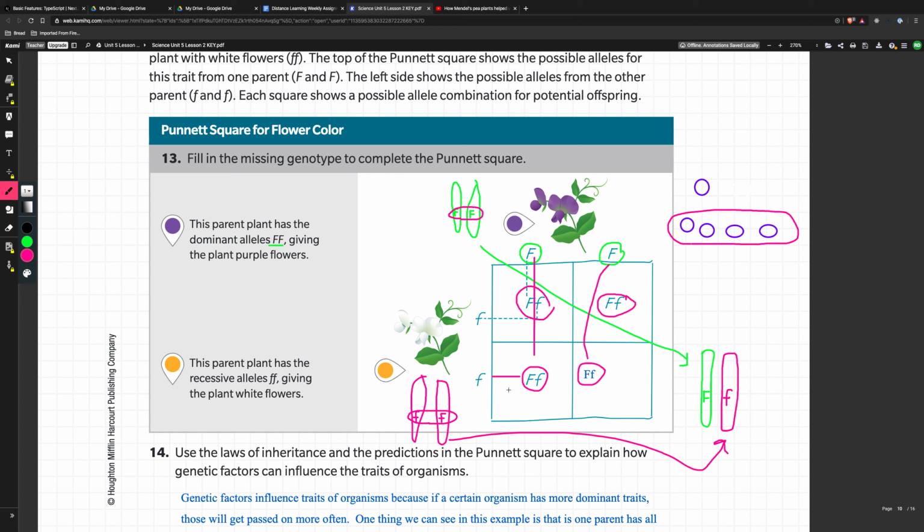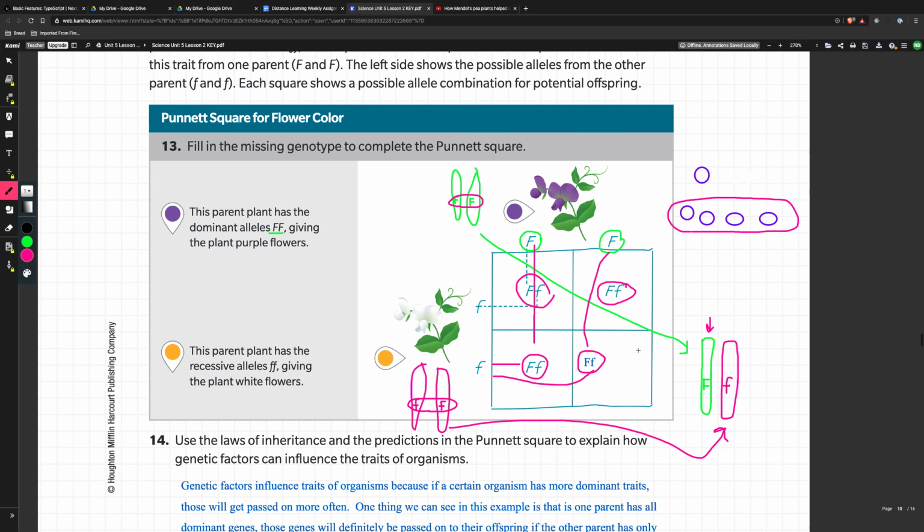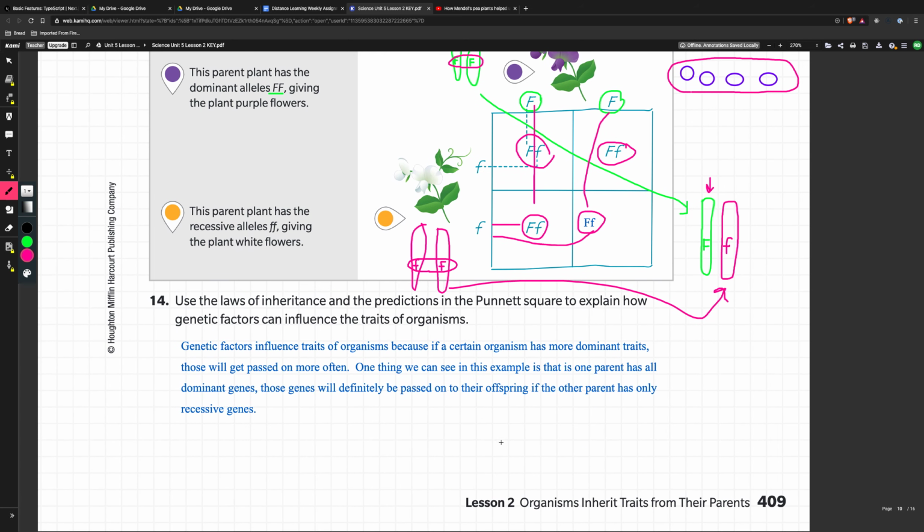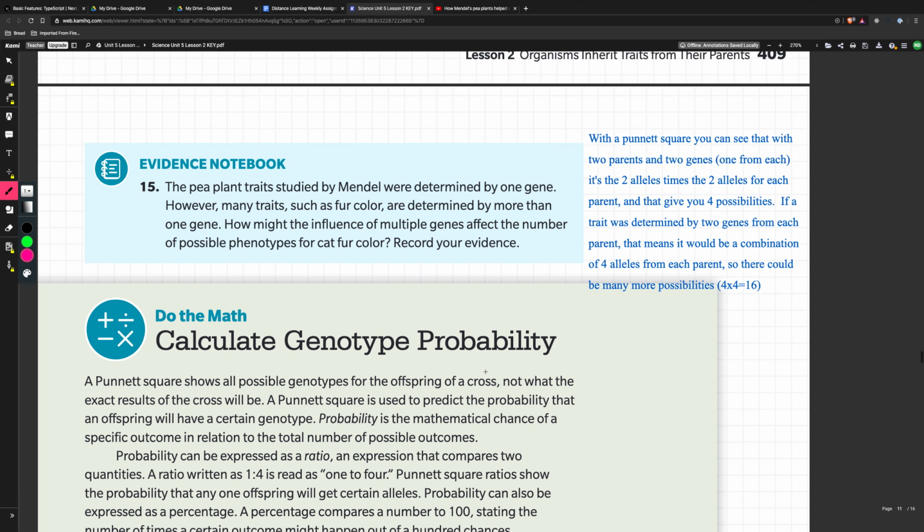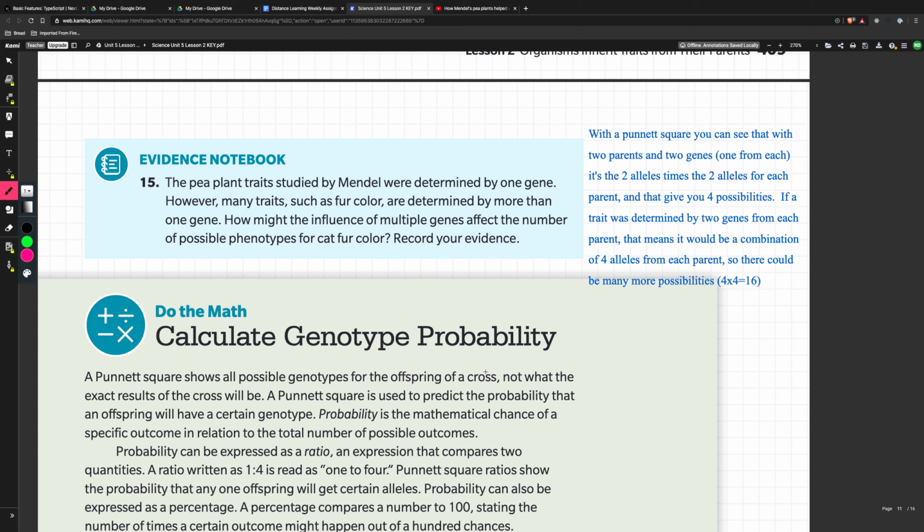Capital F, lowercase f. Every single one of these offspring has 1 chromosome that has the dominant gene in it, and because it has the dominant gene, which is the purple gene, they all end up being purple. I can talk about that here, so I'm going to skip down a little bit. And then the pea plants were determined by 1 gene.